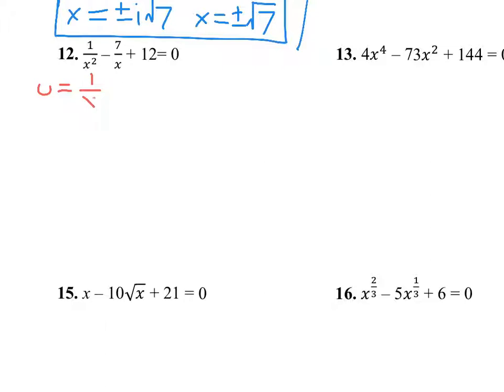So I'm going to say that u is equal to 1 over x. And now what I want to do is square that equation I just wrote. So u squared would be, well, 1 squared is 1, x squared is x squared. So the reason I'm doing this, it makes the quadratic a lot easier to factor and then a lot easier to solve.